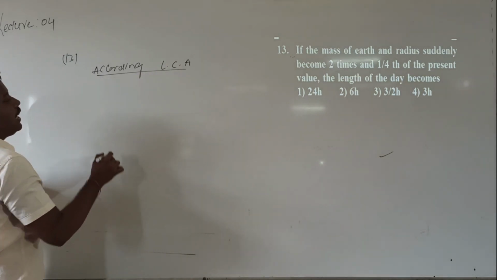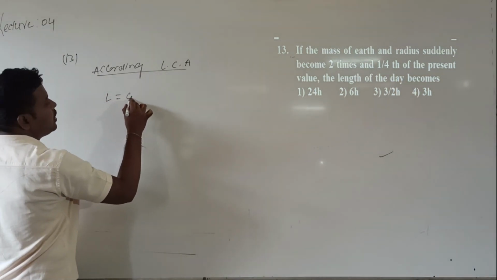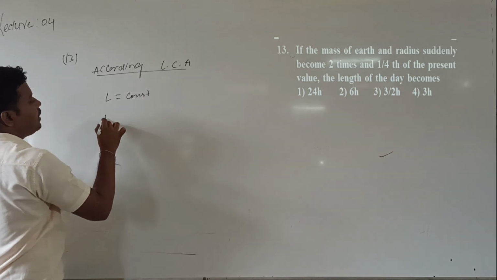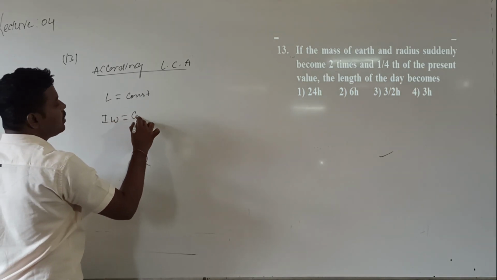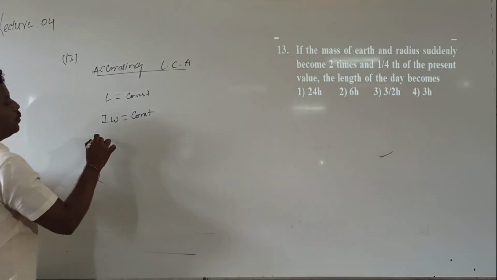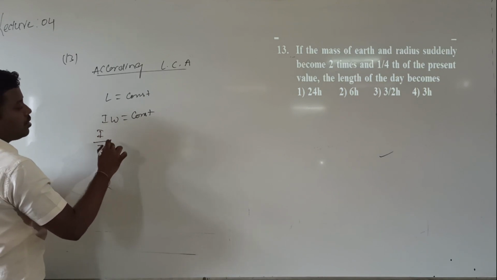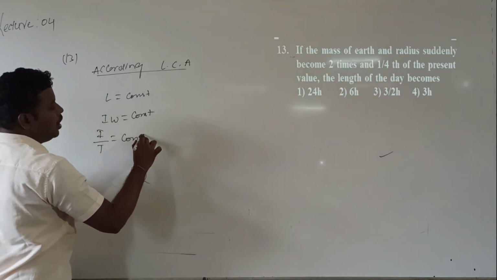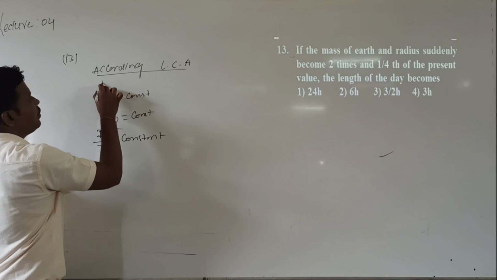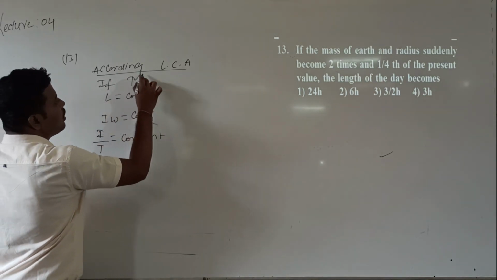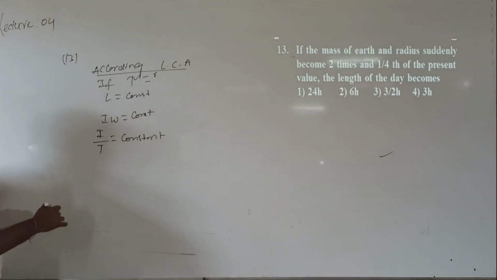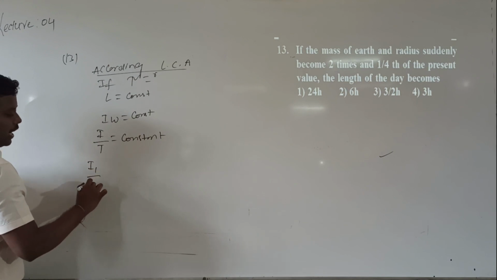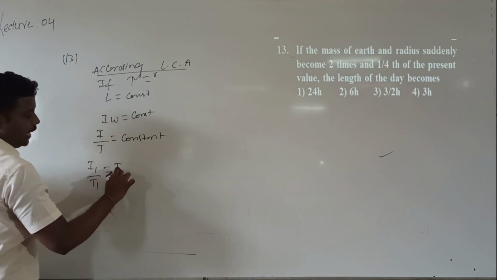Here no external torque is acting. L value remains constant. L means I into omega remains constant. Omega is 2 pi by T, so I by T is constant. Whenever no external torque is acting, if tau is equal to 0, then I by T is constant. Then I1 by T1 is equal to I2 by T2.